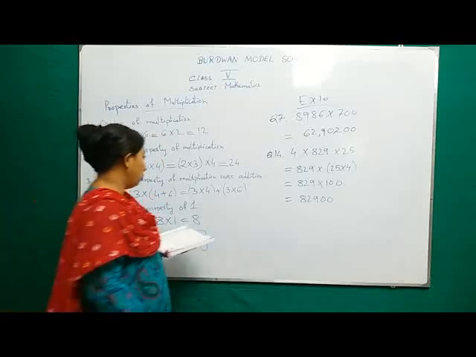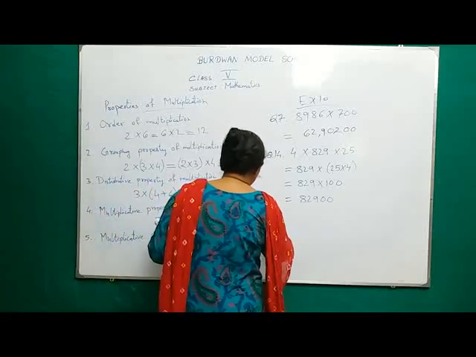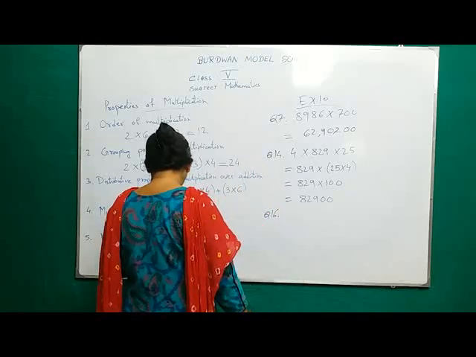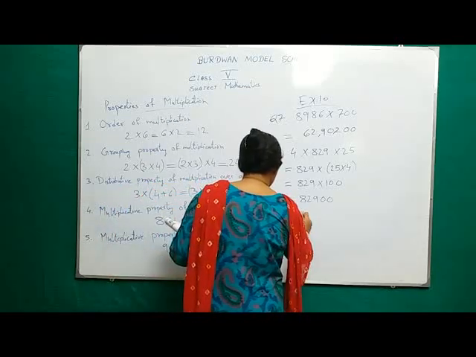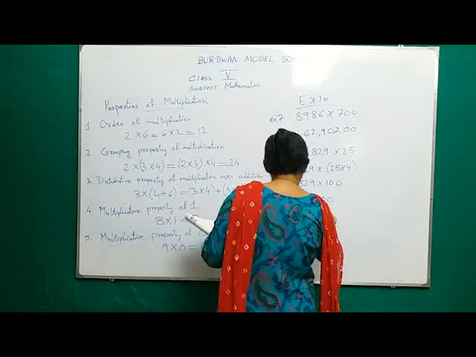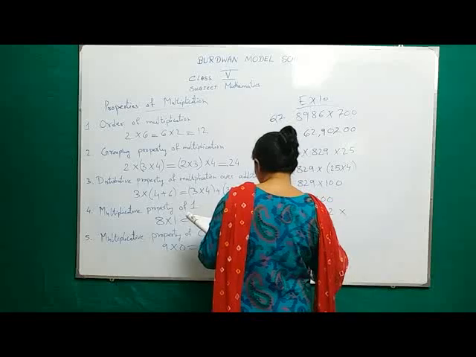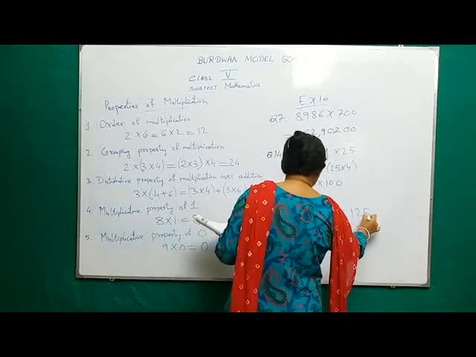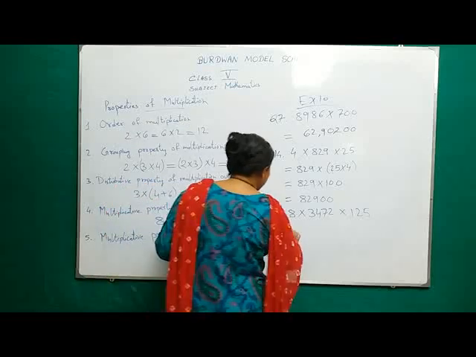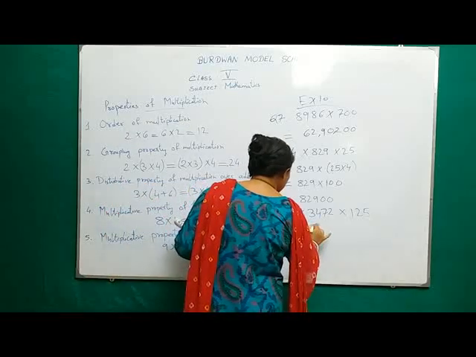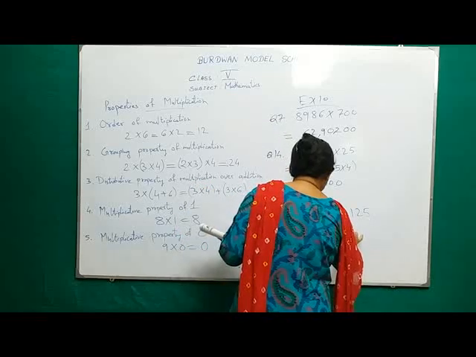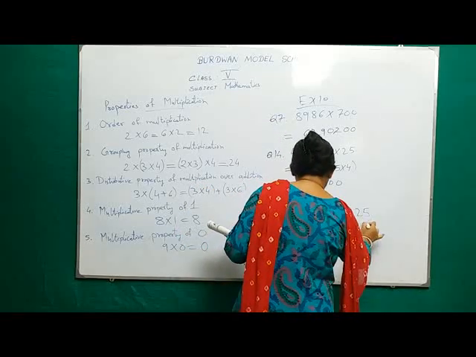Let's do one more, number 16. It is given 8 into 3472 into 125. Here also you can see that if you make a group between 125 and 8, it will be a multiple of 1000.